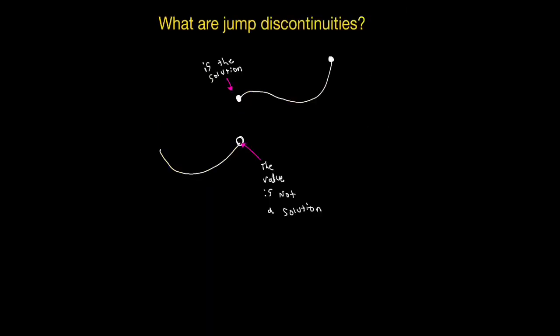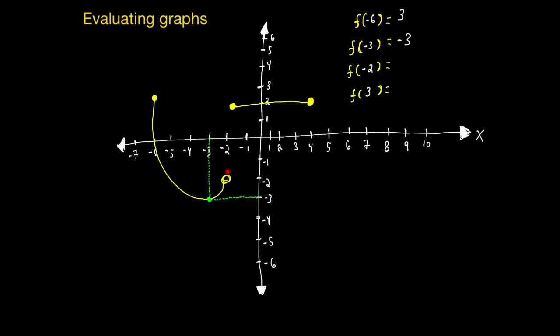I mentioned that the one that is open is actually not going to be a solution. We want the one that's closed. So here, we're going to ignore this one because it's a hole, and we're going to approve of this one, the one that's closed. So f of -2 is going to be +2 here.